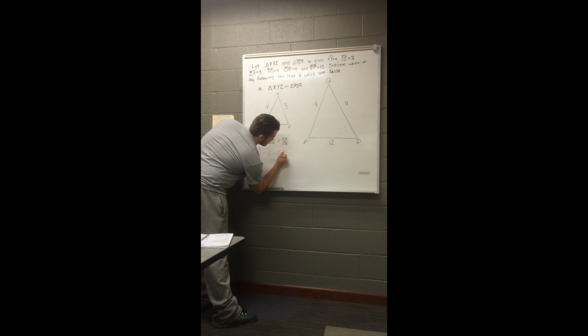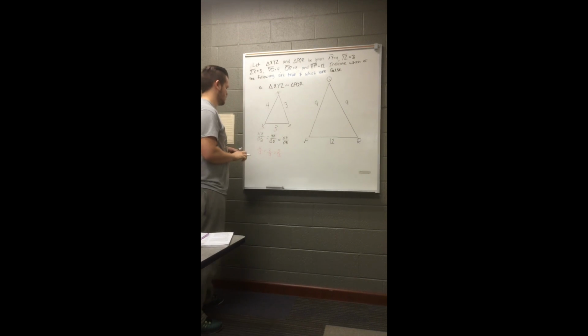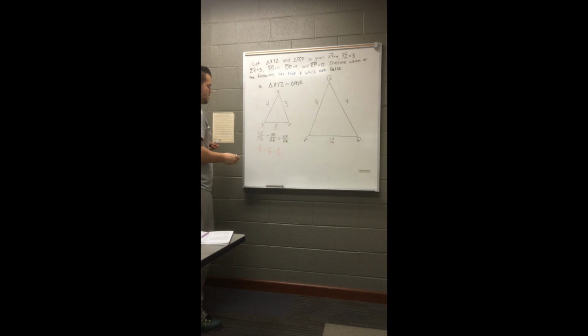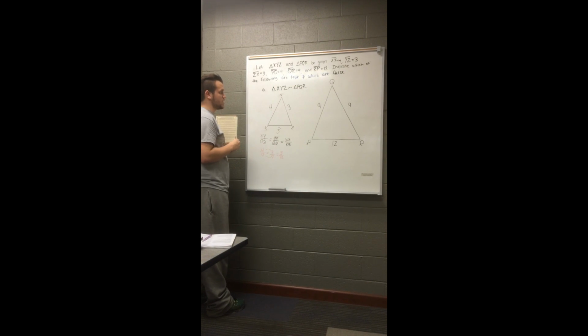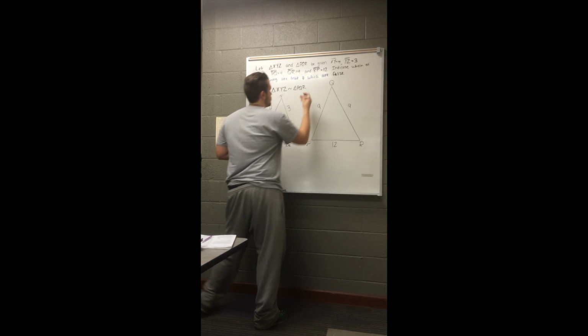So 3 over 12. So these do not equal, so the triangle is not similar. So A is false.